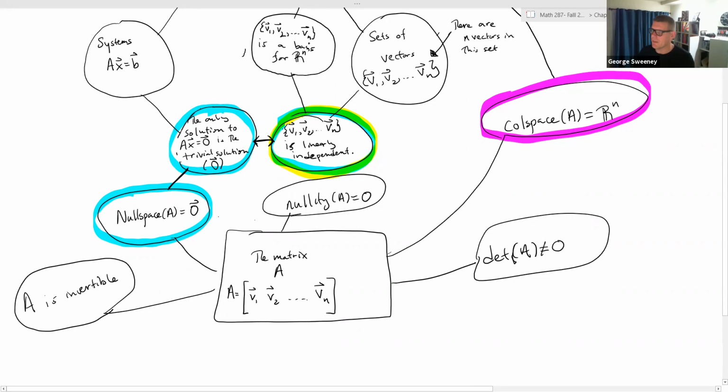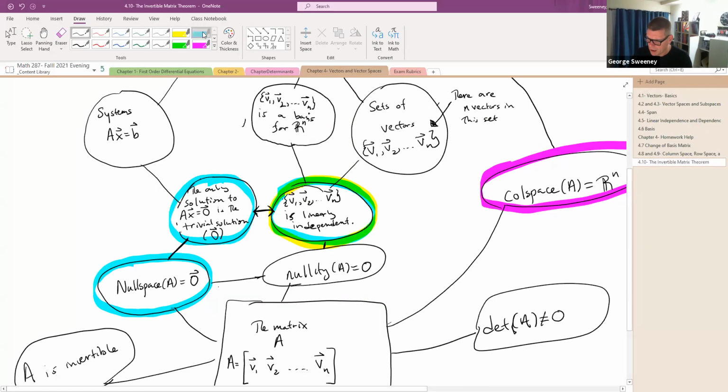The only way that you get a zero-dimensional null space is if the only thing in it is the zero vector. And so the nullity of A being 0 is also equivalent to those other statements about linear independence, linear dependence, and AX equals 0 having only the trivial solution.